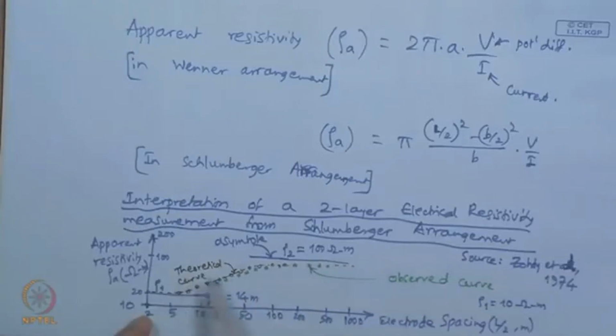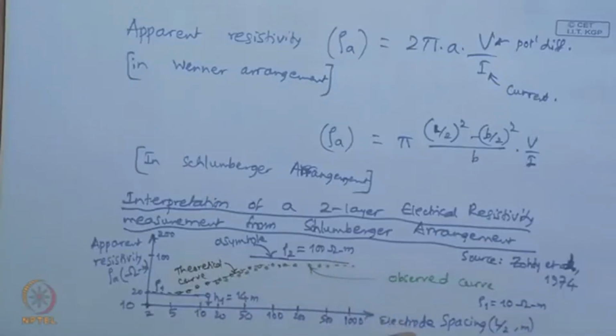we need to match the theoretical curve and the observed curve, so that finally we get a lower asymptote of say 10 ohm meter and a higher asymptote of say 100 ohm meter.